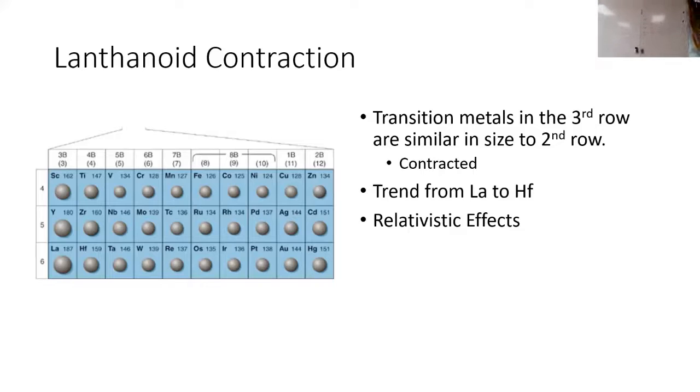So we actually have not just a similar size, but it's smaller for the heavier element. This is niobium, this is tantalum, and those are both 146.